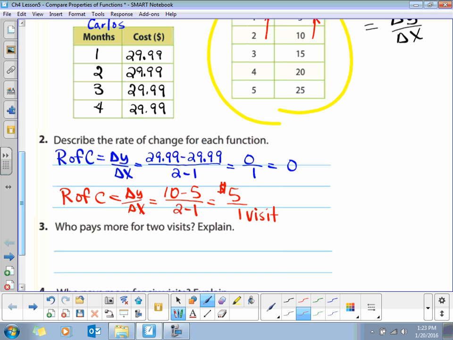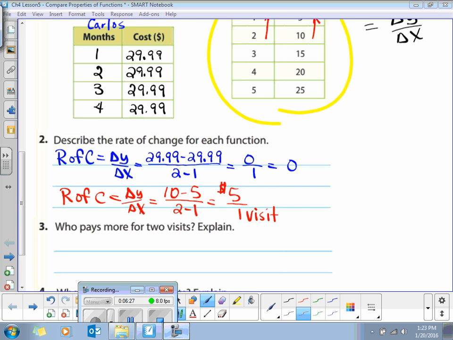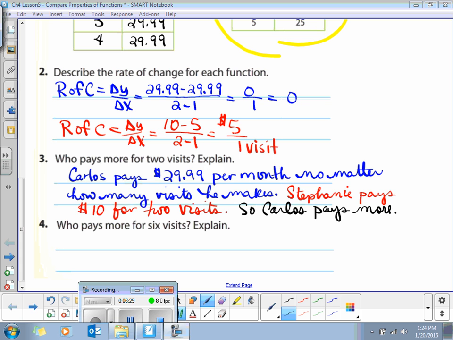How much does Stephanie pay for 2 visits? $10. So Carlos pays more, right? Very good. So Carlos pays $29.99 per month, no matter how many visits he makes. Stephanie pays $10 for 2 visits. So, for 2 visits, Carlos pays more.